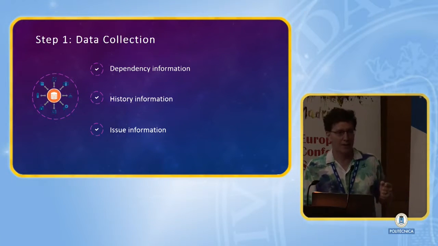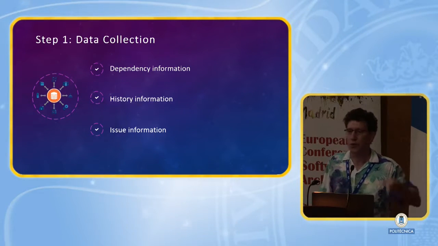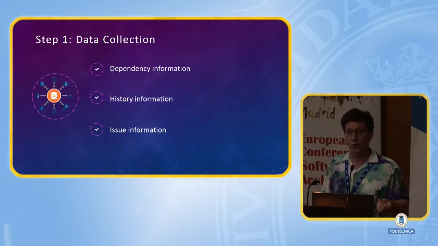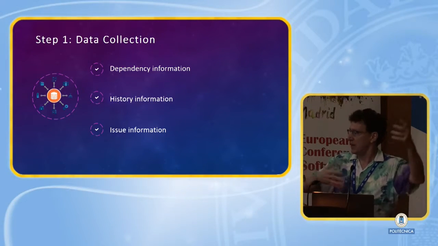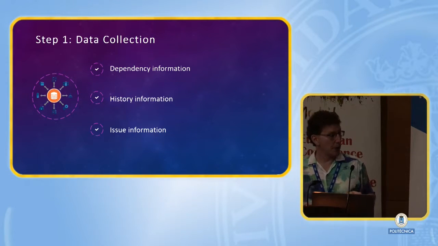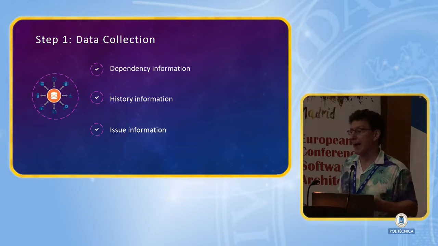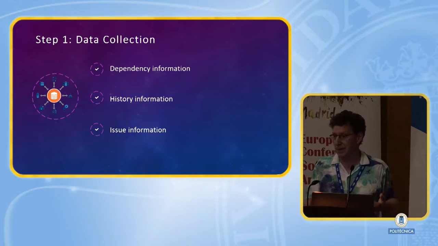History allows us to see things that you can't see from a static analysis. When you reverse engineer code, you can see the static dependencies: A inherits from B, A calls B, A depends on B. But when you look at history information, you can see different kinds of dependencies, semantic dependencies.